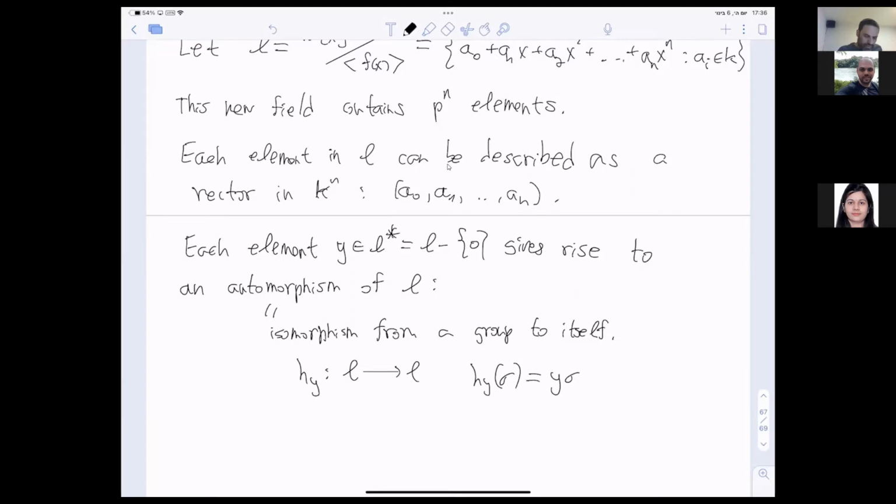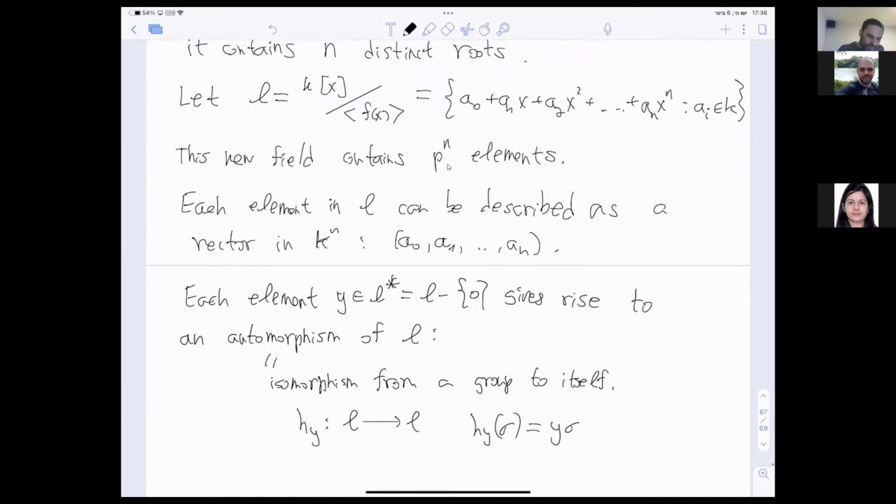So once you multiply your element by another element from here, you get another element from here. I mean, it doesn't exceed degree n because degree n plus 1 is described by the lower powers here. We're going to see an example.